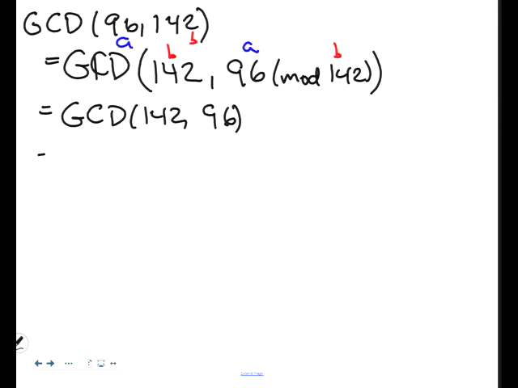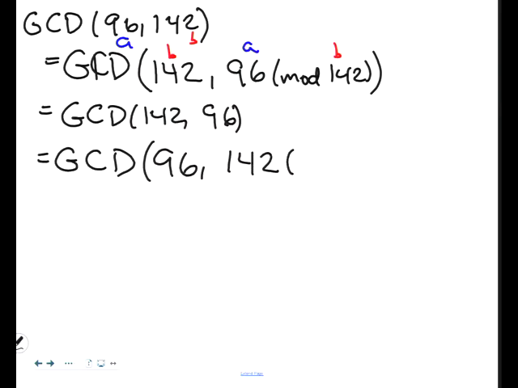Now's where the magic starts happening. So we can apply Euclid's algorithm again, swap the order, so we get the 96 coming in front, and then our A, 142, mod B. So now we get 142 modulo 96. What is that value going to be equal to?